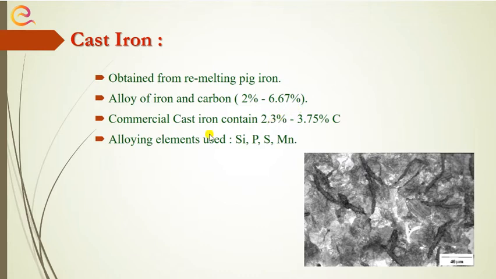Then commercial cast iron contains carbon in the range of 2.3% to 3.75% with other elements such as silicon, phosphorus, sulfur, manganese, etc. All these alloying elements are added in cast iron to improve its properties.